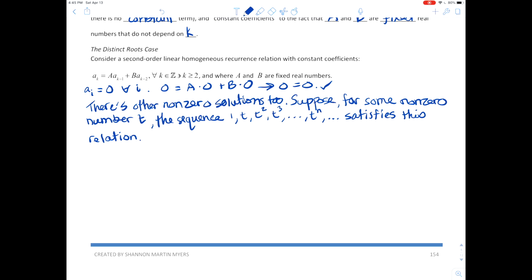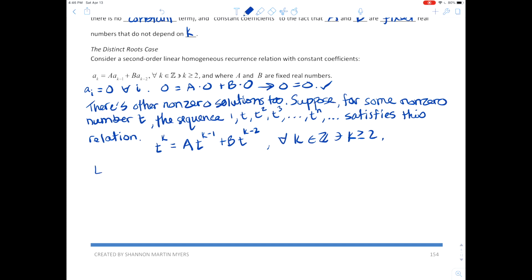So what we would have is t raised to the k equal to a times t raised to the k minus 1 plus b times t raised to the k minus 2, for any integer k greater than or equal to 2, all right?